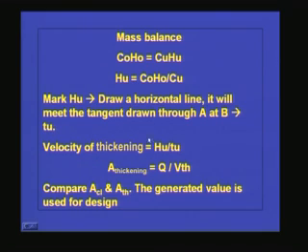So, the velocity of thickening is equal to HU by TU, because HU is the height and TU is the time available. Velocity is nothing but distance by time. So, we get VTH, the velocity of thickening. So, we can find out the area of the thickener required. Area of thickener is nothing but Q divided by the velocity of thickening.